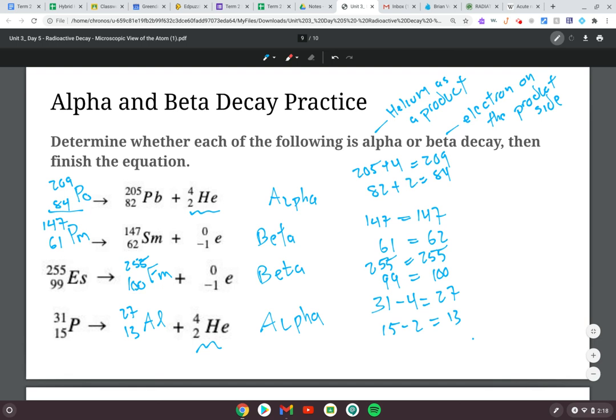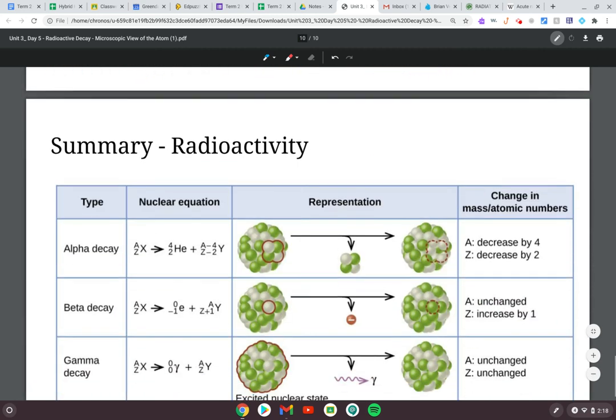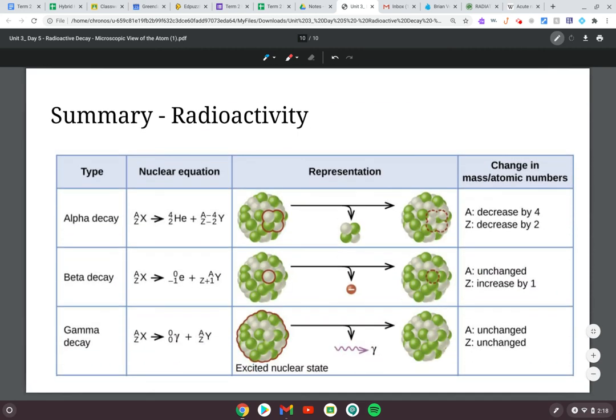So those are your four alpha and beta decay practice examples. The last bit of information that we need to talk about here is just a brief summary. So here we have alpha decay, where A is the mass number and Z is your atomic number. In alpha decay, a helium atom is given off, and the mass number minus the helium mass number and the atomic number minus the helium atomic number will give you your new element.